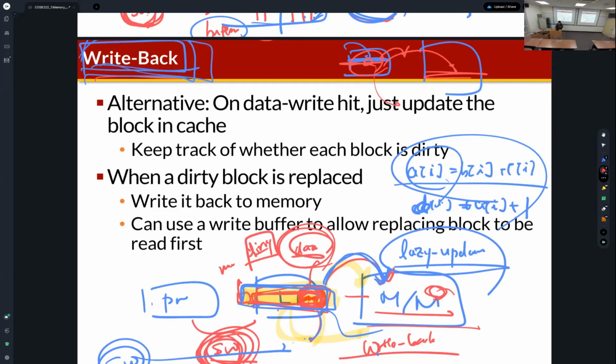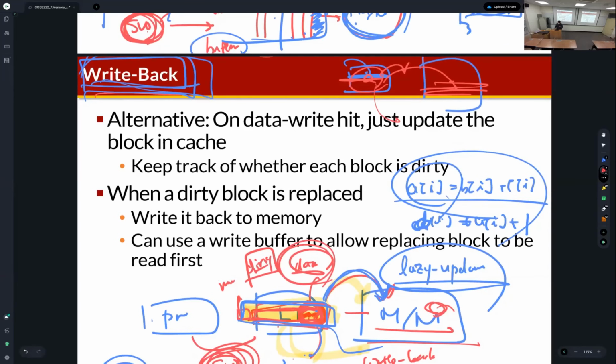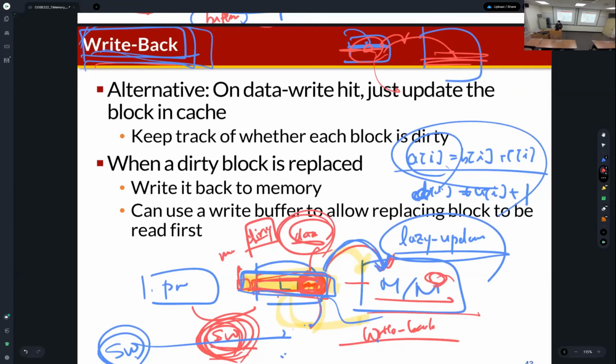The issue of this write back policy is this. When the data exists in both the cache and the main memory, we think that this data is identical, because the cache is a temporary space for data.